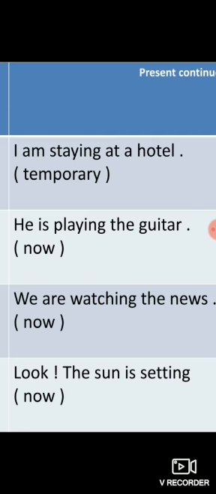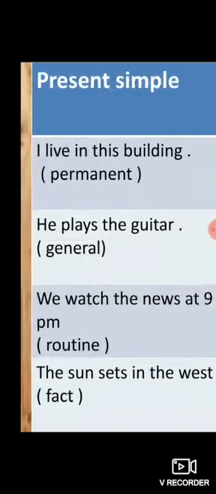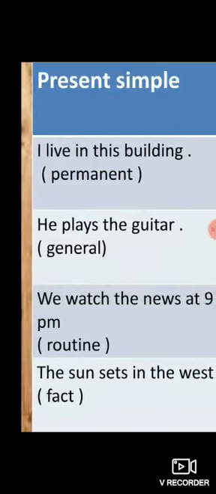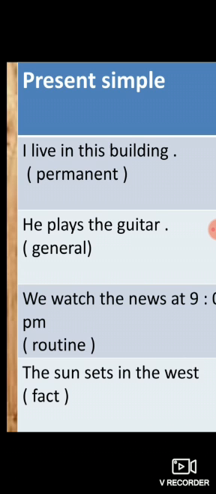Yes, it's temporary. Next, present simple. He plays the guitar. This is in general. It means he knows how to play the guitar. It's a general thing. He plays, present simple.